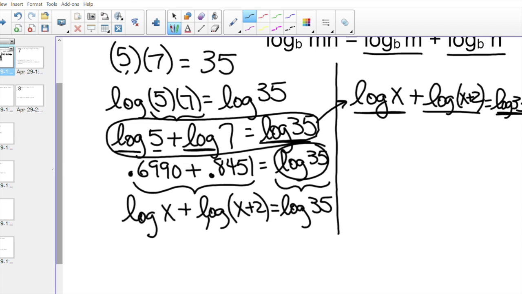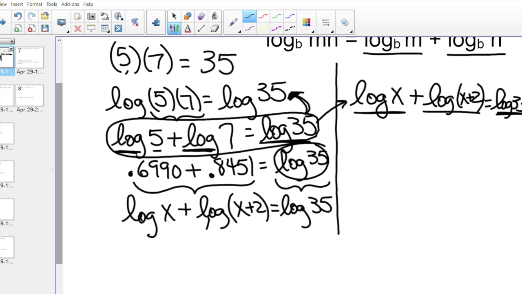Now, the thing about solving this equation, and I'm hoping this will be something you see, is that what I'm trying to do is go backwards. In other words, we're going to take this and go backwards. You have log 5, log 7.